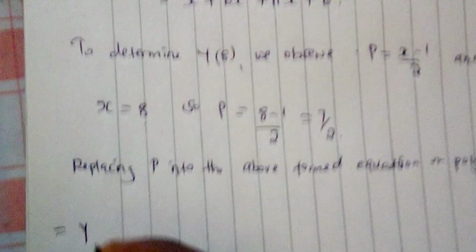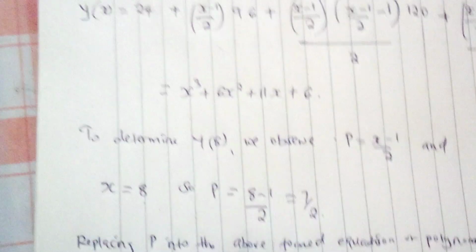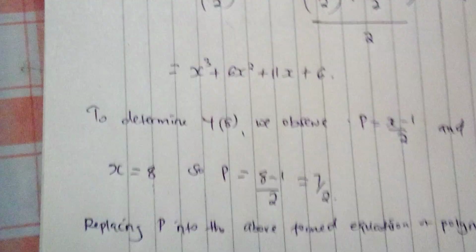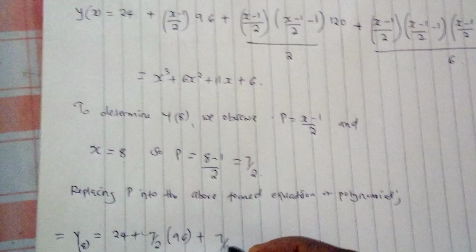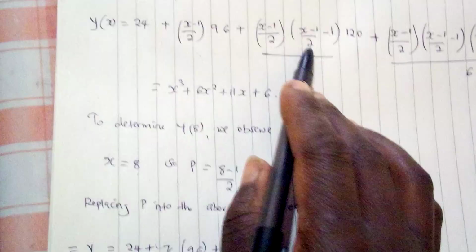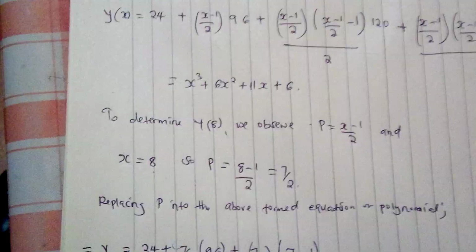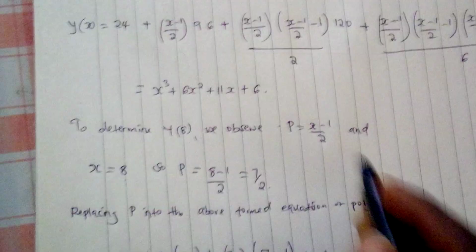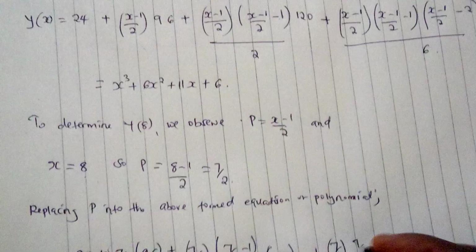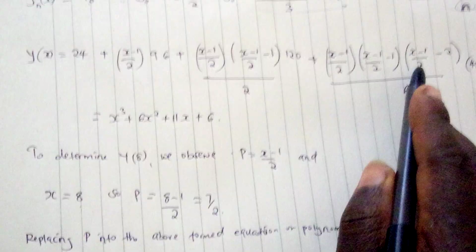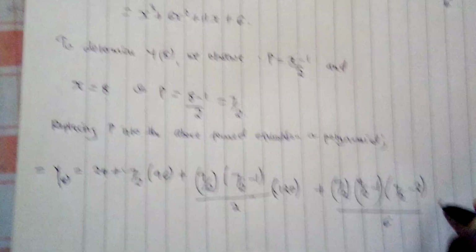So we are going to have y of 8 equals 24 plus 7 over 2 multiplied by 96, plus 7 over 2 multiplied by 7 over 2 minus 1, divided by 2, you multiply by 120, plus 7 over 2 multiplied by 7 over 2 minus 1, then 7 over 2 minus 2, then you divide by 6, you multiply by 48.